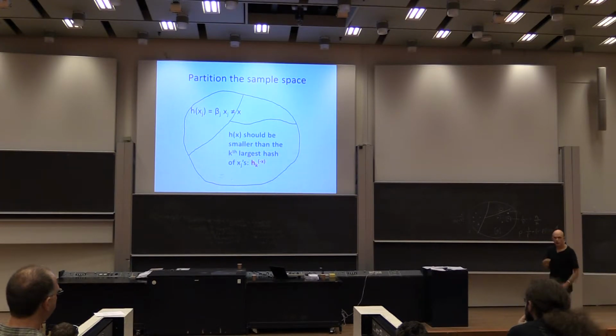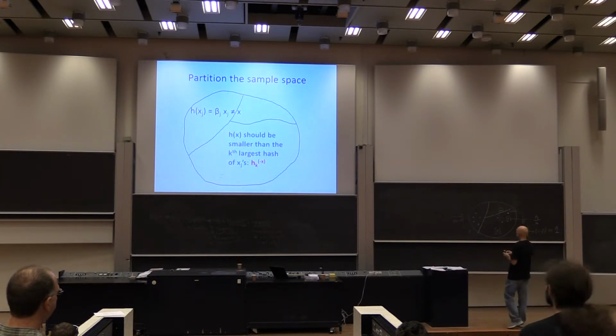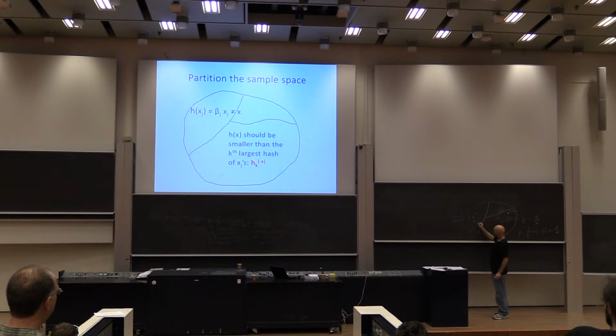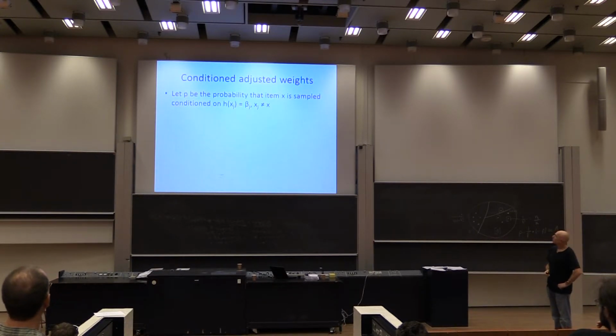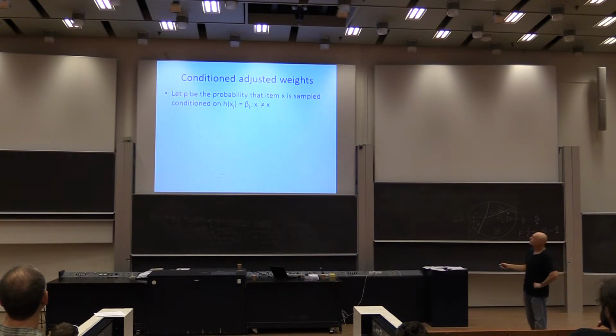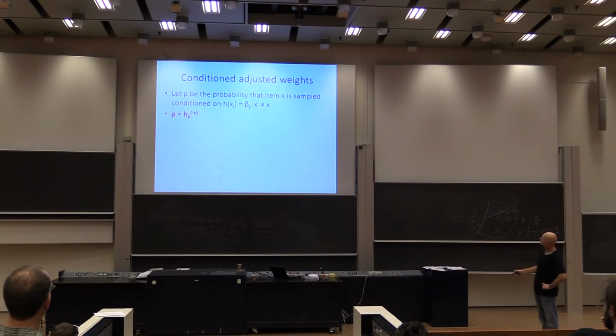So I want an estimator for the number of green items, right? My goal is to give an adjusted weight to the green items. So we already know this, the probability that X is sampled conditioned on me being in this subset is this hk minus x.